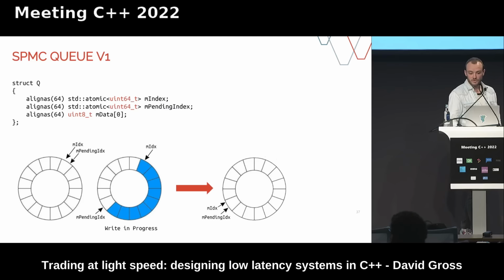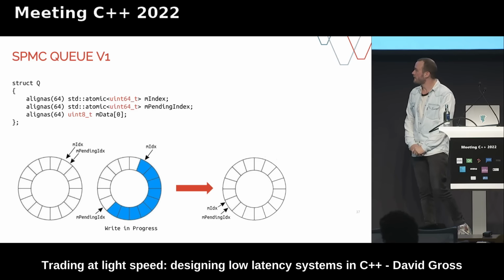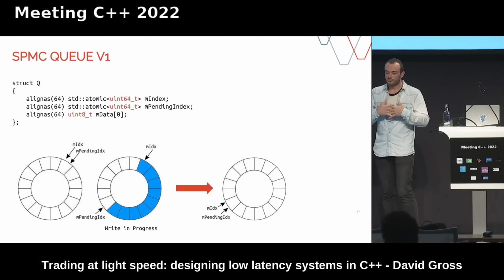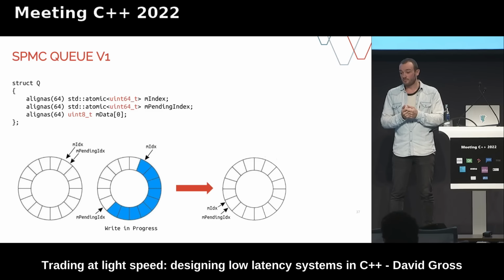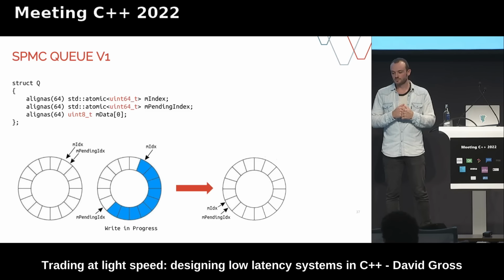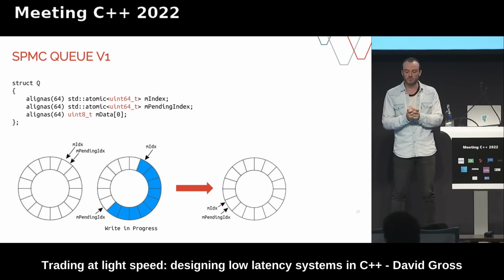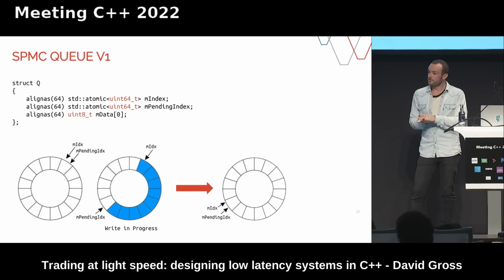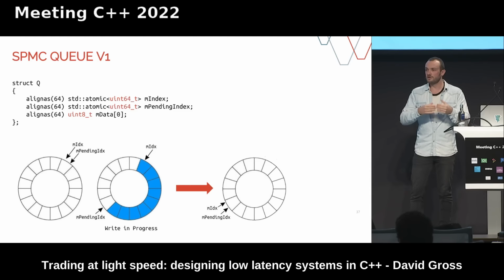So that's good news, because relaxing that constraint, and effectively that's what we want, we can think of something that can scale better. So this is the first queue that I propose. It uses two indices, but both will be updated by the writer. The readers, now we have many of them. You can imagine that they are all over the queue.